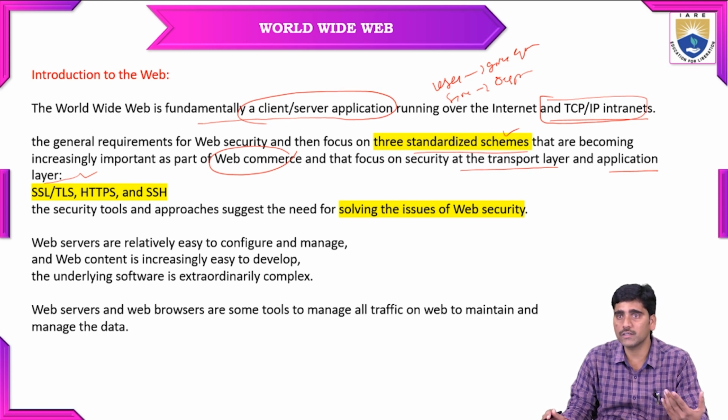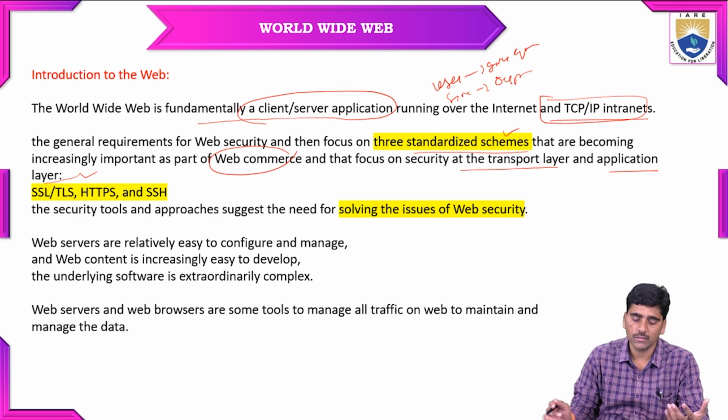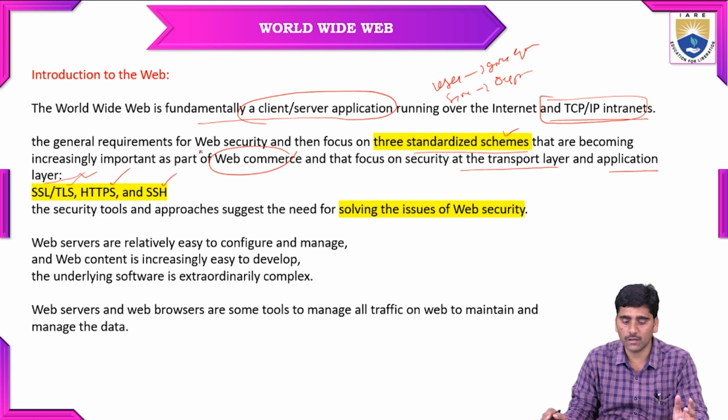What are those three standardized schemes? SSL or TLS is one, the second is HTTPS, and the third is SSH, Secure Socket Hash Authentication. These are the standardized schemes we use for web threats or comparison of web threats.